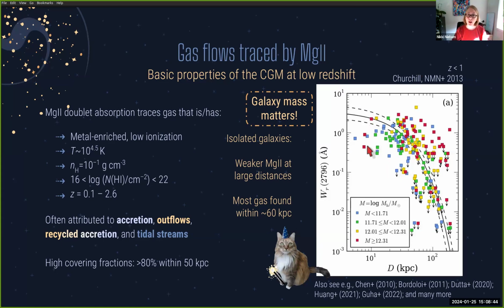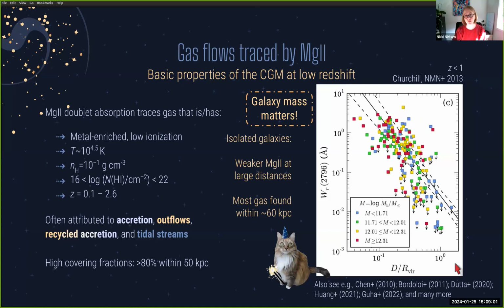The lower mass galaxies tend to hold their CGM closer to them, whereas the higher mass galaxies can have a larger CGM because their gravitational well is bigger. And so when we normalize out this mass by dividing the impact parameter by the virial radius, taking into account that mass, we see that scatter collapse and the mass variation goes away.